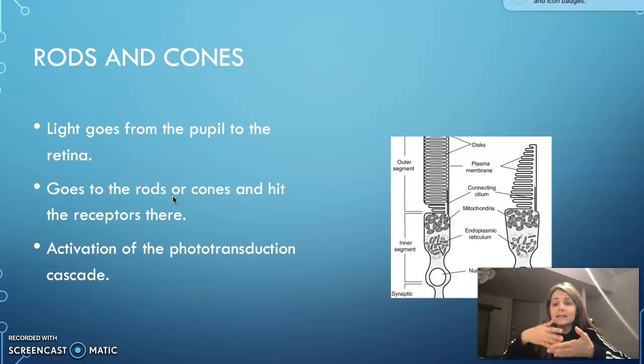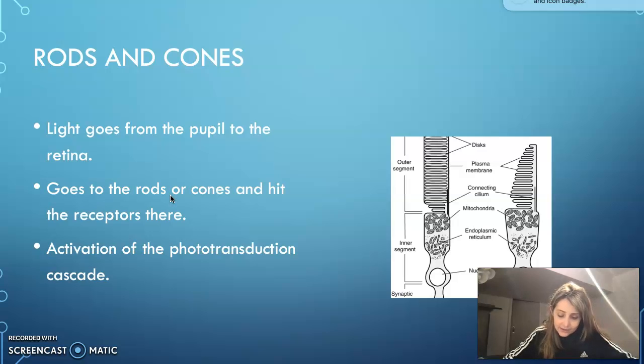When the light hits and gets to the rods and then to the rhodopsin, it gets to the retinal. Once it gets to the retinal, this retinal will change its shape, going from being bent to being linear. This will initiate what is called a phototransduction cascade.